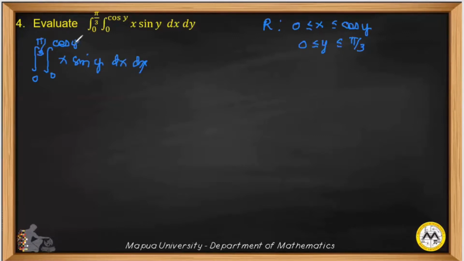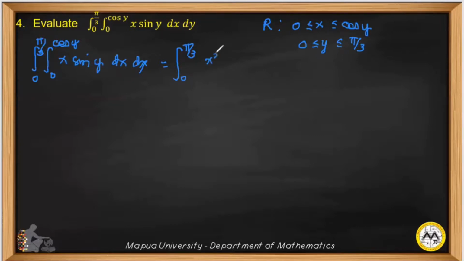Hence we evaluate the inner integral first with respect to x, therefore holding y as constant. So we will take sine of y as constant. Therefore we have the integral from 0 to pi over 3. The integral of x dx is x squared over 2 times the constant sine y.